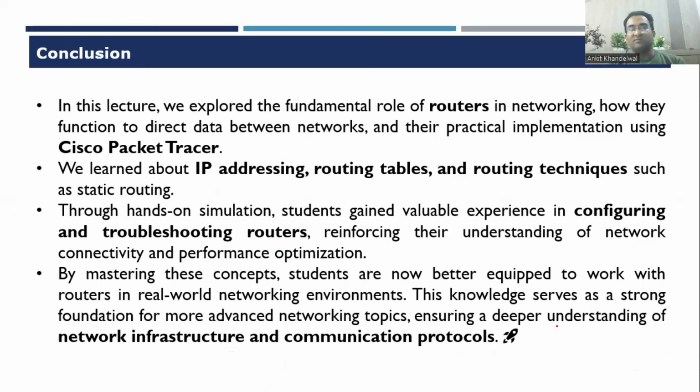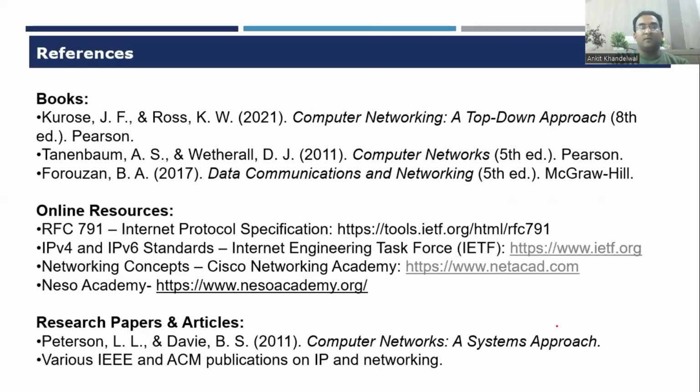Through hands-on simulation, students gained valuable experience in configuring and troubleshooting routers, reinforcing their understanding of network connectivity and performance optimization. By mastering these concepts, students are now better equipped to work with routers in real-world networking environments. This knowledge serves as a strong foundation for more advanced networking topics, ensuring a deeper understanding of network infrastructure and communication protocols.